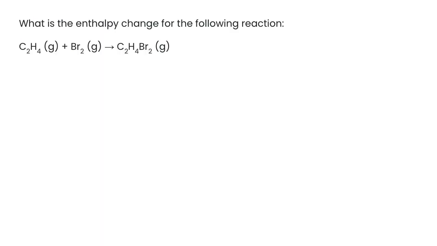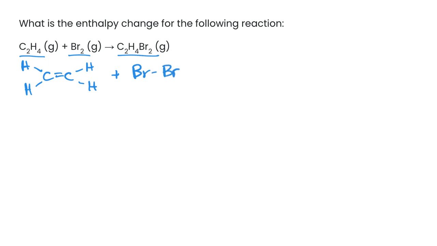So let's look at an example. How would we figure out the enthalpy change of a reaction given bond enthalpies? We've got a reaction of ethene reacting with bromine to make 1,2-dibromoethane. A nice strategy here is to actually draw out the structures, because then you can see what bonds are being formed and what bonds are being broken.